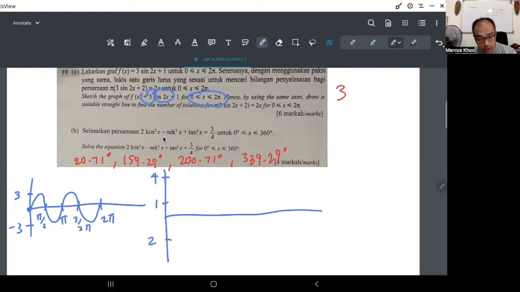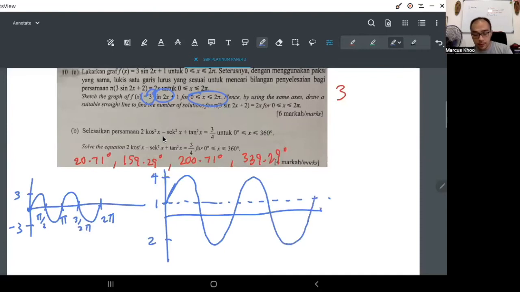Okay, so it is a good idea for you to draw the rujukan so that you don't mix it up. So 1, 2, something like this. Okay, x. So over here is 2 pi, over here is 3 over 2 pi.